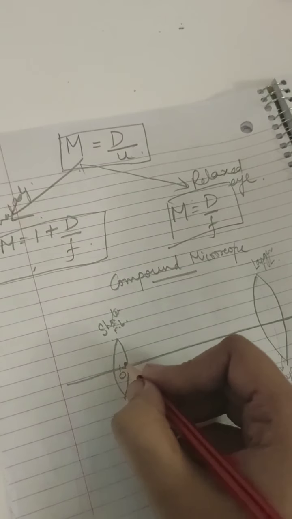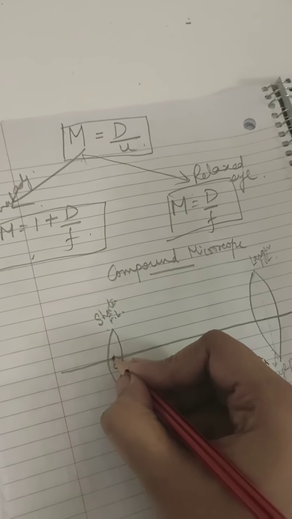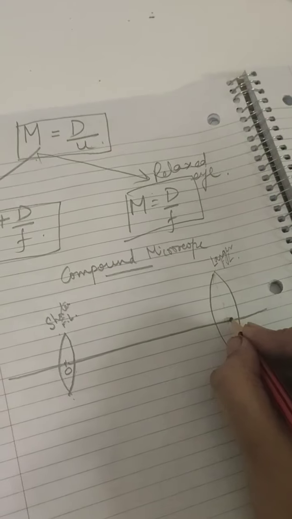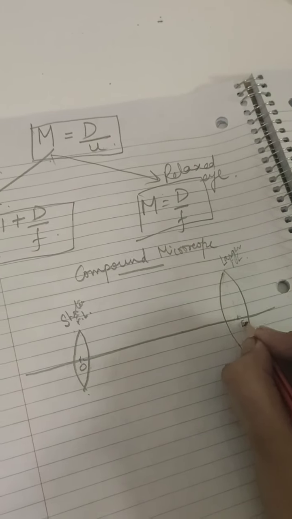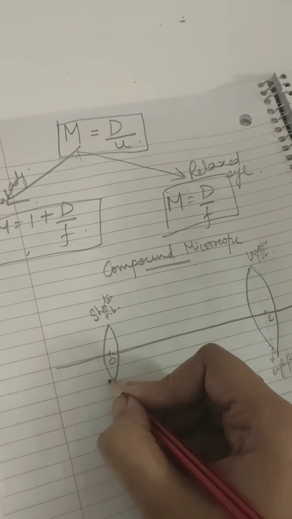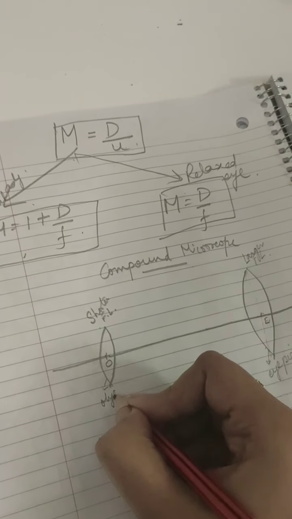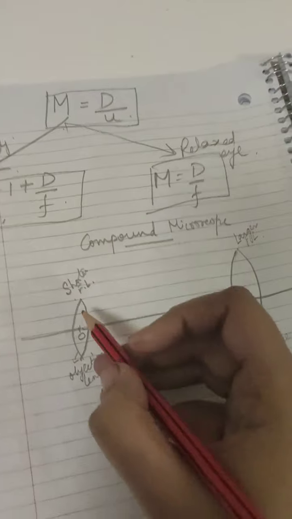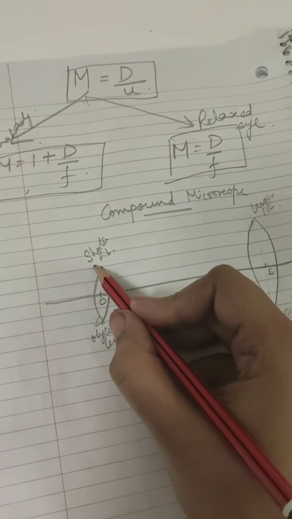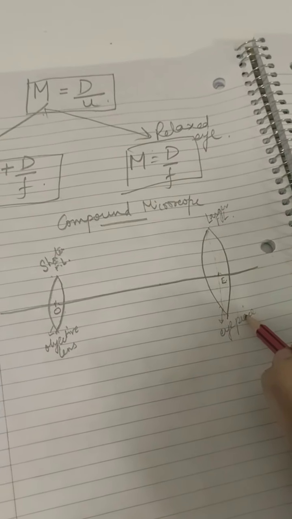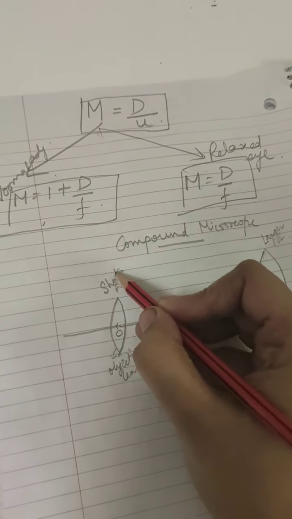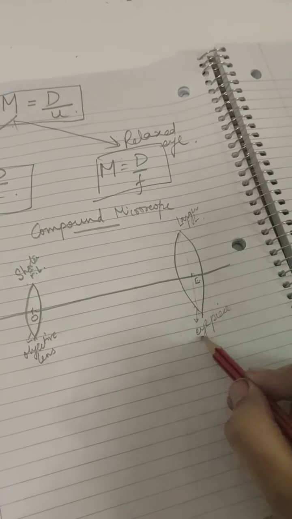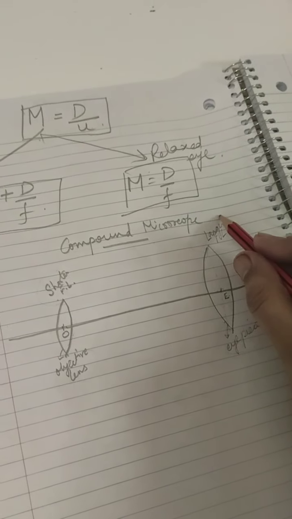Suppose this is the optical center of the eyepiece, and this is the optical center of the objective lens. So a compound microscope consists of an objective lens of shorter focal length and an eyepiece of larger focal length.